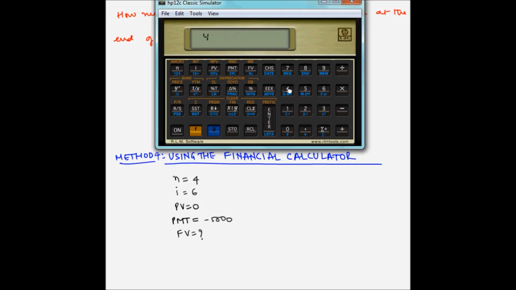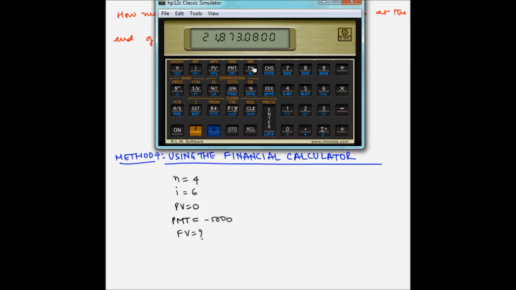So 4, and this is the value for n, then 6, and this is the value for I, then 0, this is the value for PV, 5,000, change the sign, and this is the value for PMT, and then we have to find the future value, so we'll simply click the FV button.